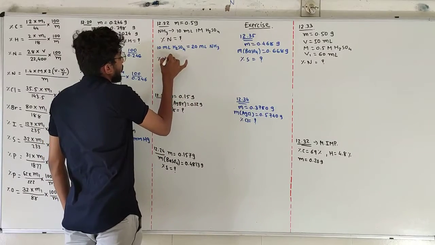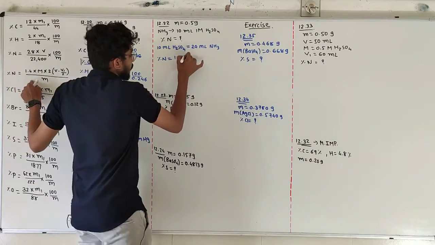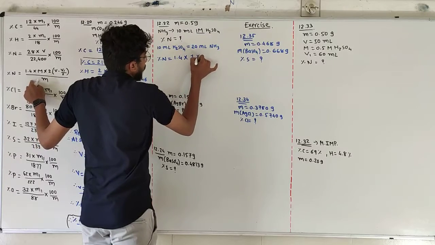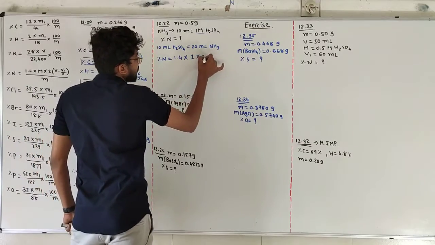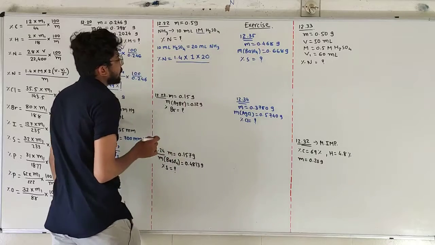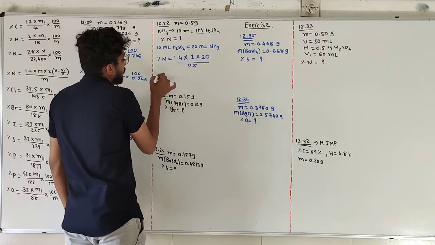That's why the percentage of nitrogen will be equal to the formula 1.4 into the concentration M equal to 1, into 2 into V minus V1 by 2, which we have discovered is 20, divided by M, in the sense 0.5.